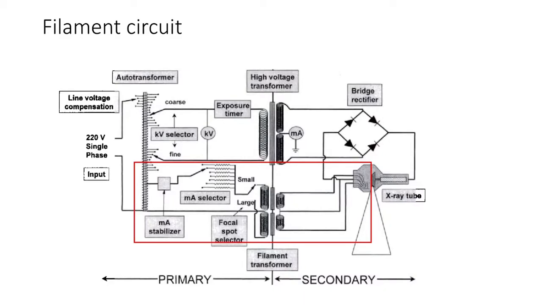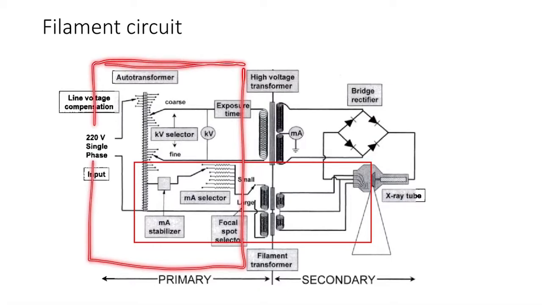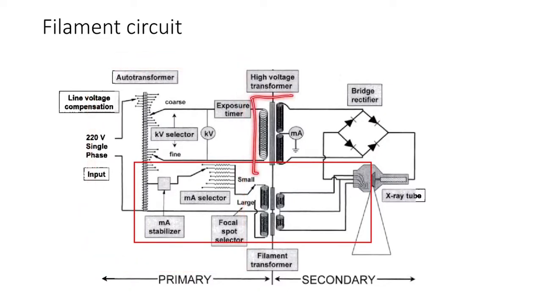The reason is the low voltage side is the side where it is safe for us to make the necessary exposure settings. Once those settings have been set in place, then we can use the high voltage transformer to produce the high voltages necessary for X-ray production. The reason why we make this kind of distinction is for safety reasons.